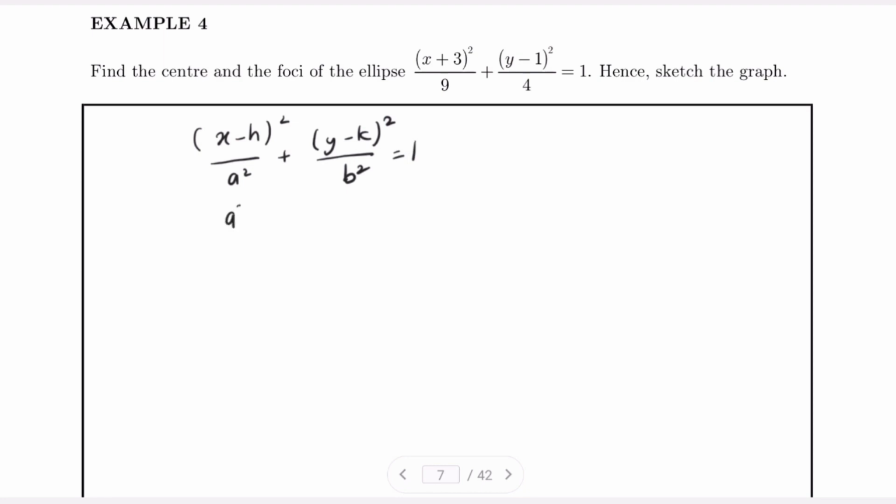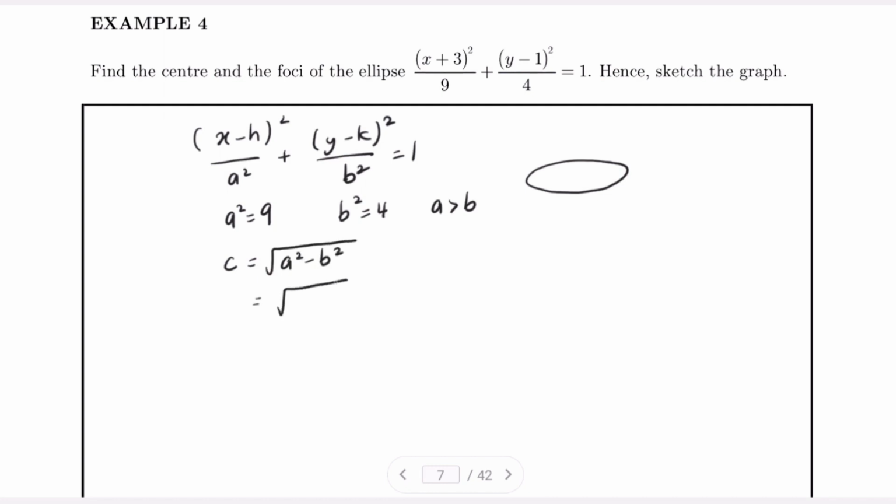From here, we notice that a squared equals 9 and b squared equals 4. Since a is greater than b, we know the shape will be something like this. To find the value of C, we use a squared minus b squared, so it becomes 9 minus 4, and the answer is 5.